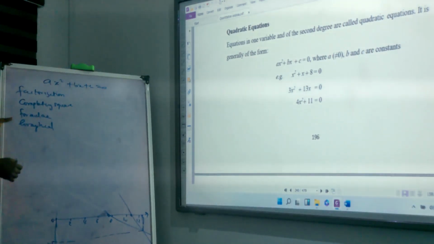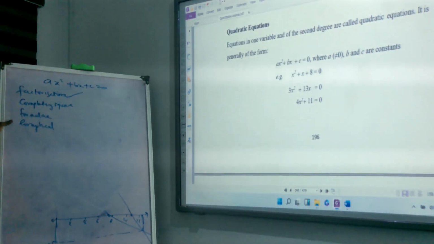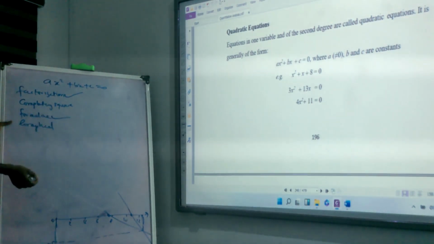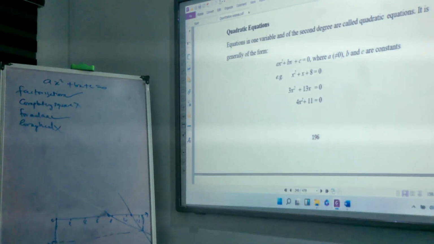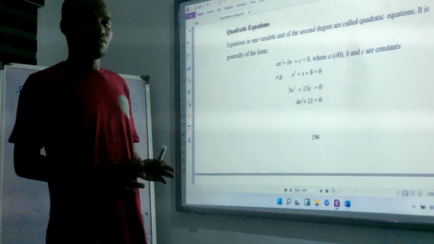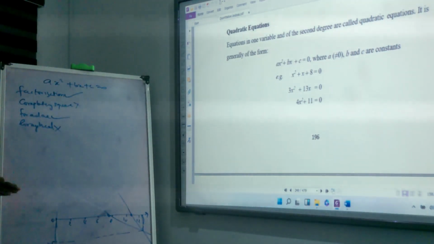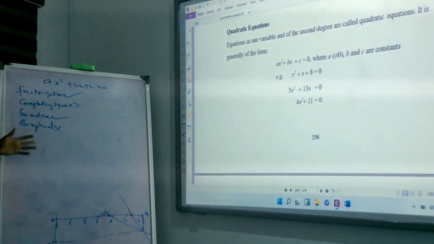So what should be handy for you in the exam is factorization, and if you cannot factorize, the formula. You can't be restricted to the use of any method in the exam. So if you are given any question in the exam, think of using factorization. And if you cannot get the factors, go to what? Go to the use of the formula.